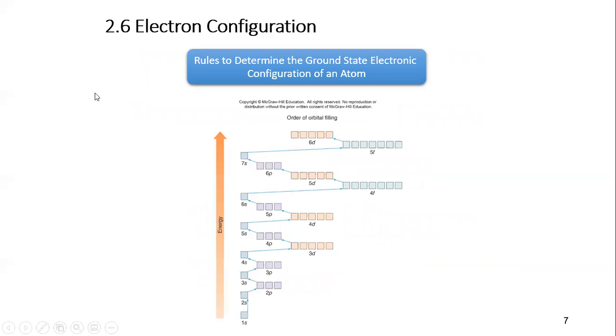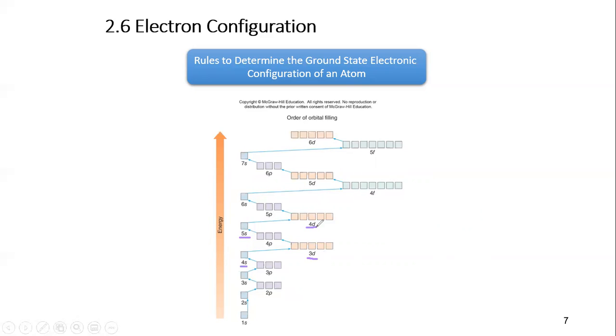And this is the diagram that we follow when filling the orbitals. Most of it, we start from the 1s, we go to the 2s, to the 2p, the 3s, the 3p, and you'll notice at the 3p there's a little bit of deviation, because after the 3p comes the 4s and then the 3d. Then we have 4p, and then the 5s comes before the 4d.